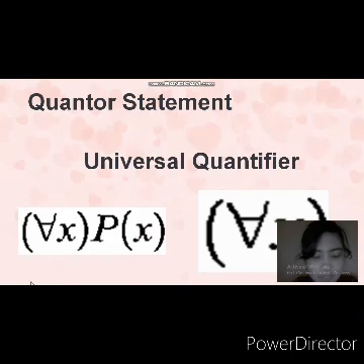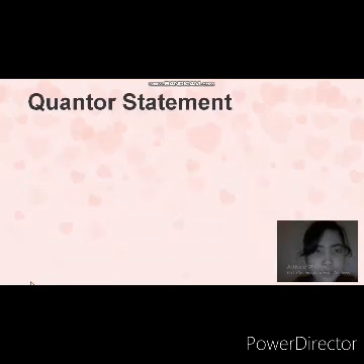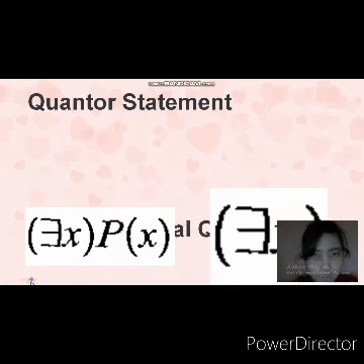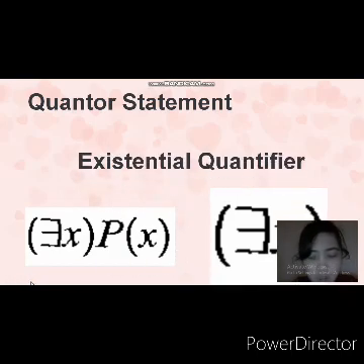On the other hand, there exists x such that P(x) means that some x has the property P, that is, there is at least one object having the property P. This is called an existential quantifier.